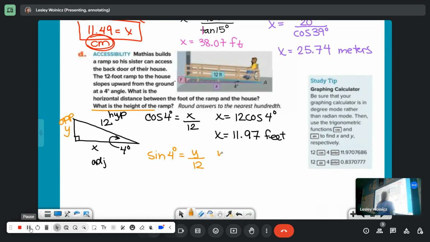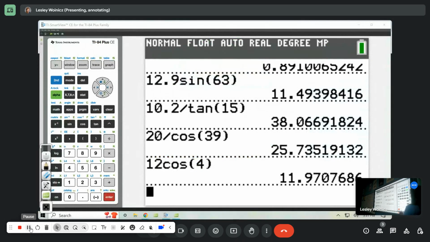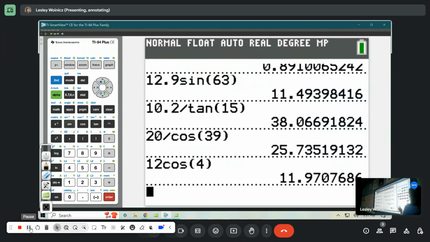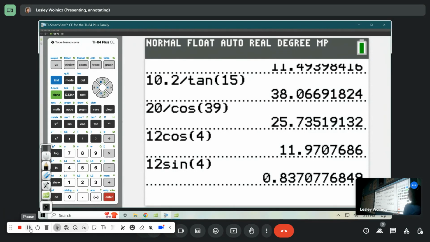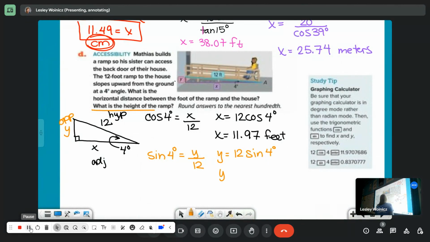So y is 12 sine 4 degrees. This should be a really small number. Yep, 0.84, that's what I got. Oops, those are feet units.